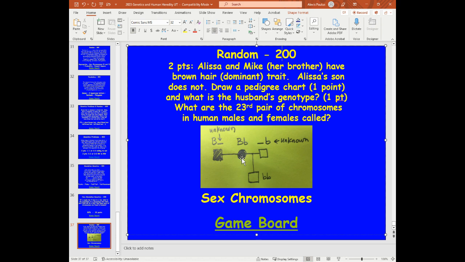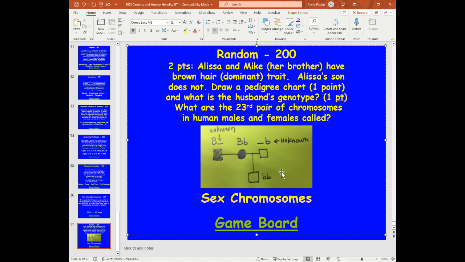And we're not exactly sure of what the husband is because the offspring does not have the trait. So could have got the little b, okay, from had to get the little b from both parents. All right. Actually, no. This one, if it was little b, it could have got either one. If it was big B, little b, it still could have got the little b. Yeah, so we don't know what this parent is.